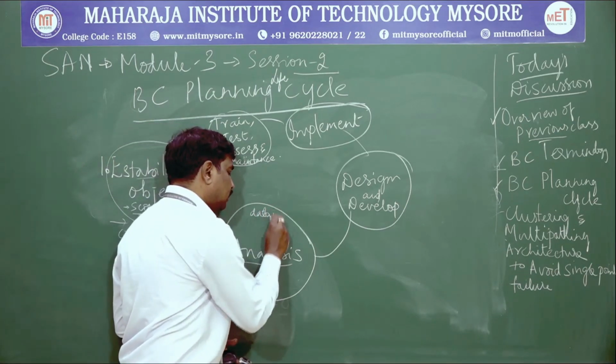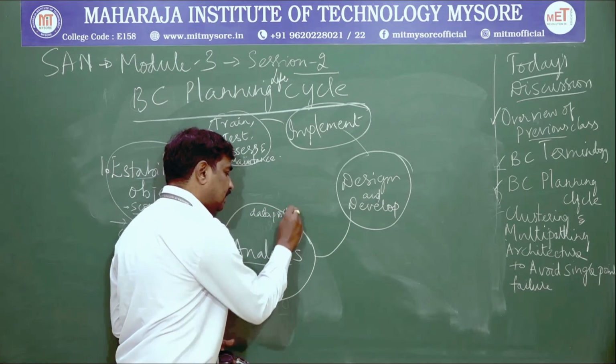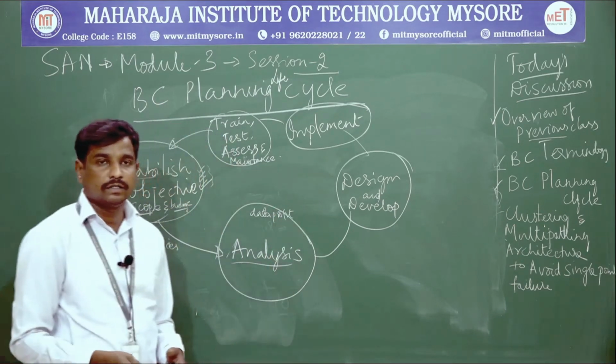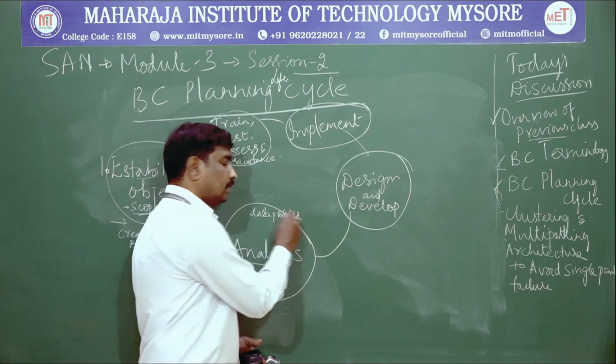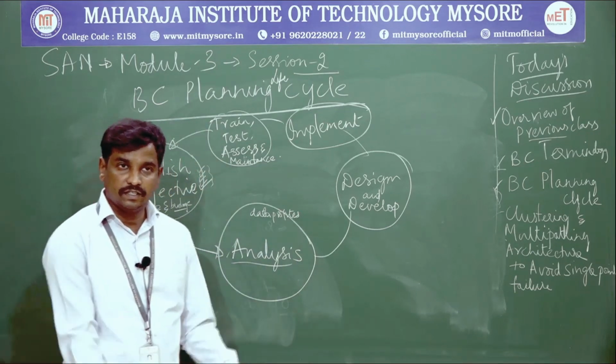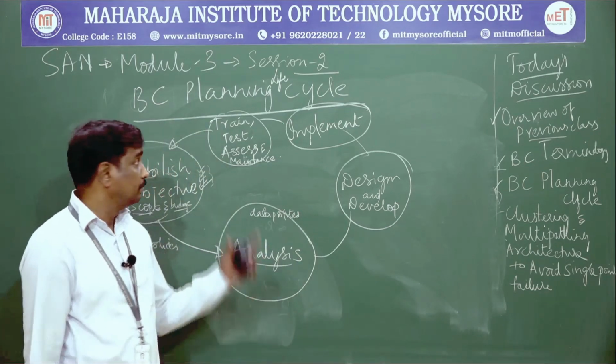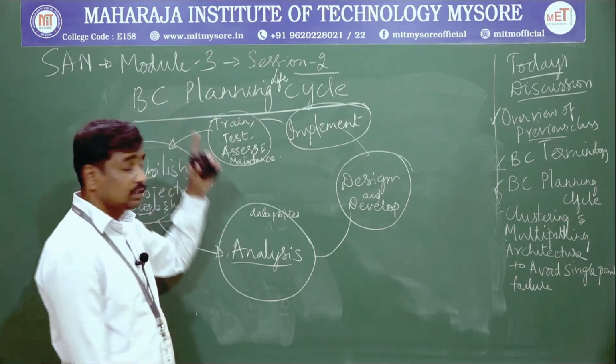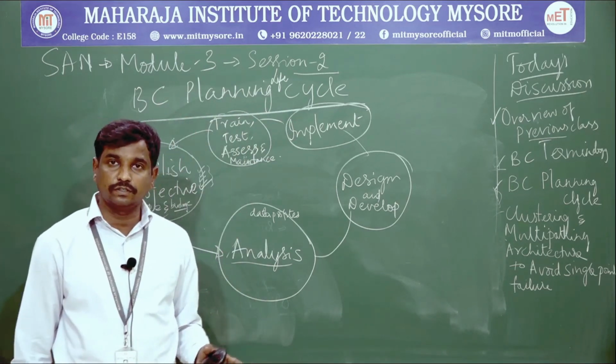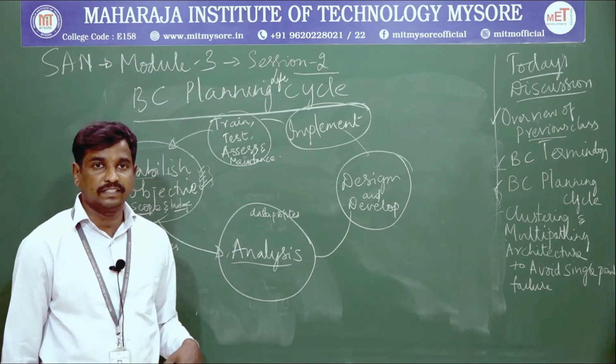Data profiles means the resources which we have and the end users who are providing the information, like the main objective of business continuity, which is to provide services to the end users 24/7.